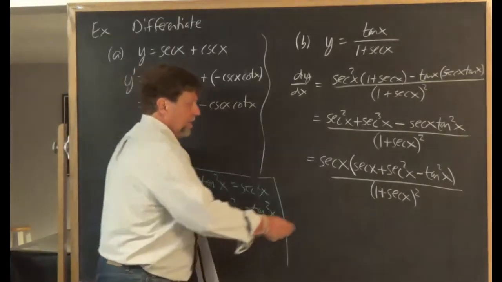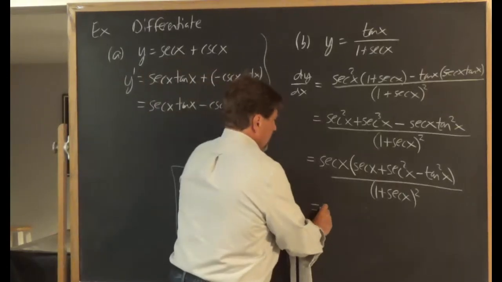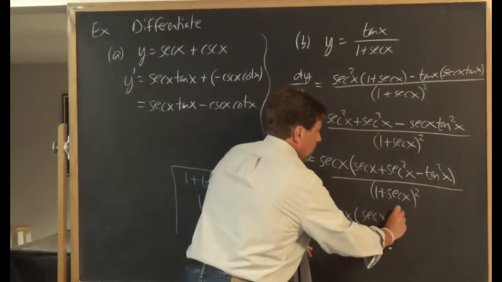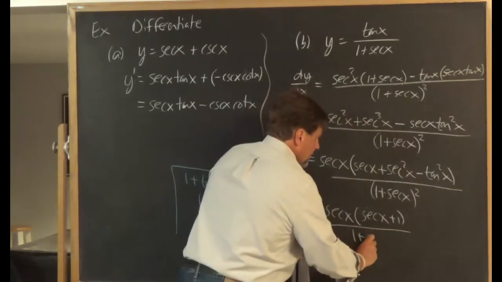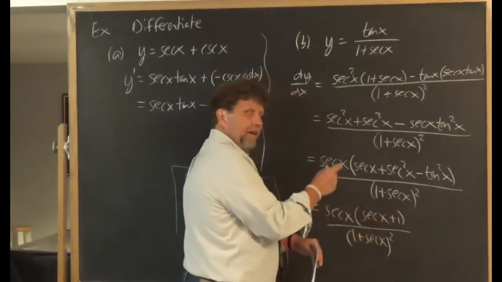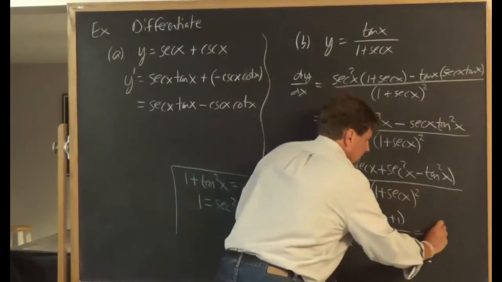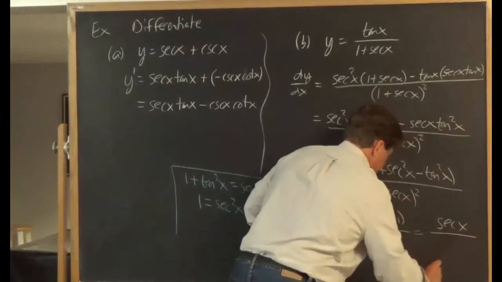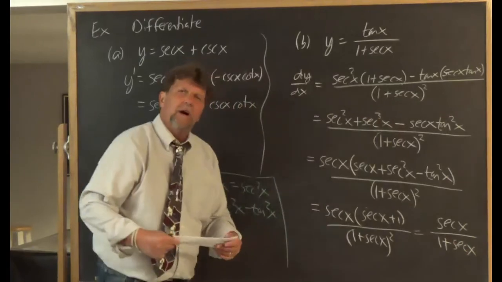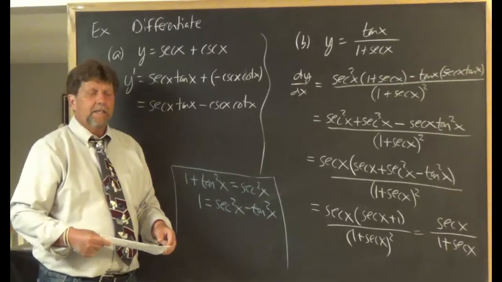So this secant squared x minus tangent squared x, I can replace with 1. Well, now I'm getting somewhere. And then, check this out. This secant x plus 1 is a factor in the numerator, and it's a factor in the denominator, so I could do a little canceling to get secant x over 1 plus secant x. And that's as far as I'm going to go because I'm out of room. But it was fun to review some trig identities in there.